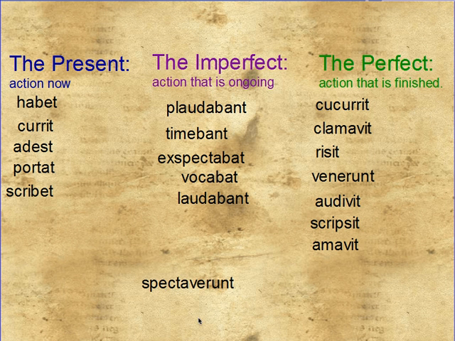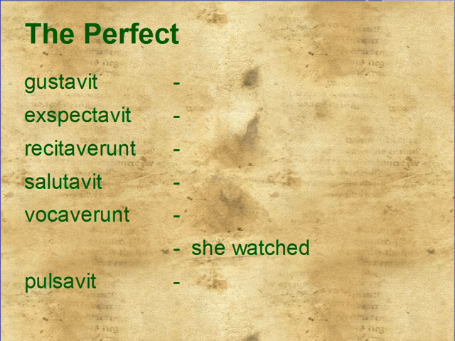Let's try a few perfect verbs in translation. Remember, reading backwards can still help us with the perfect tense. Gustavit, I see the T and also the V that helps me know it's perfect tense. And I remember that gusta is taste. So my translation, he tasted.